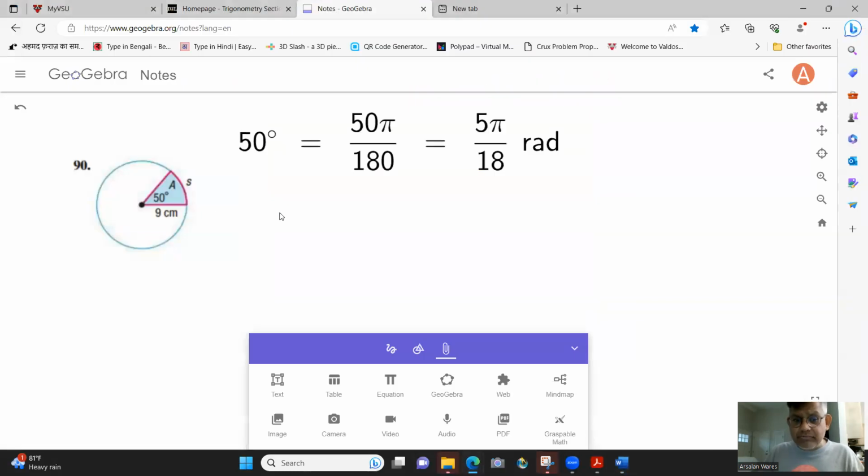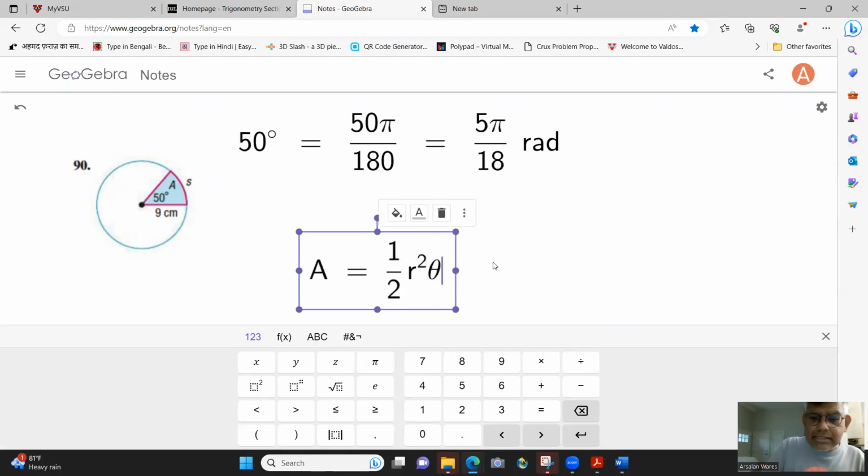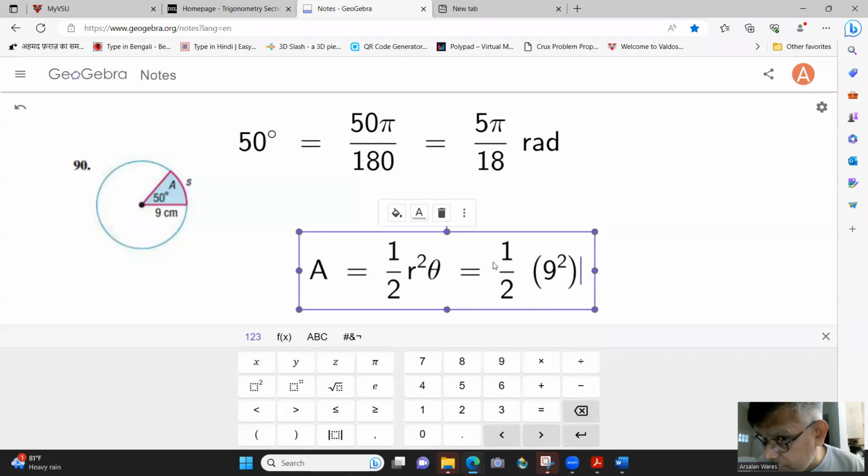We're going to use that because I'm looking for A. A is equal to half r squared, and don't forget the square, and theta in radian, piece of cake. Half is half. R squared is 9 squared. So let's put it in parentheses. 9 squared. Theta, again, do not write 50. It's 5 pi over 18.